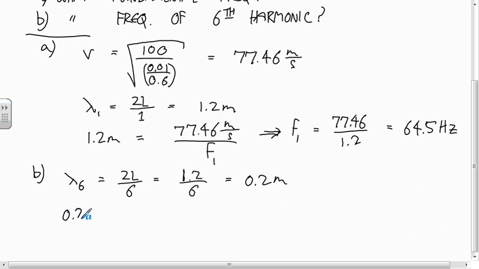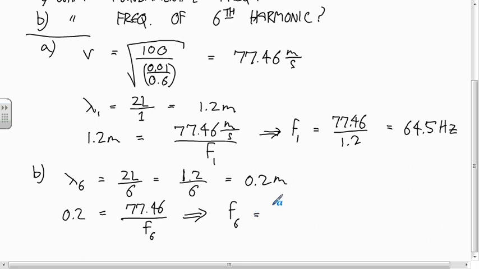And 0.2 then is equal to 77.46 divided by the frequency of the sixth harmonic. So F6 is equal to 77.46 divided by 0.2.